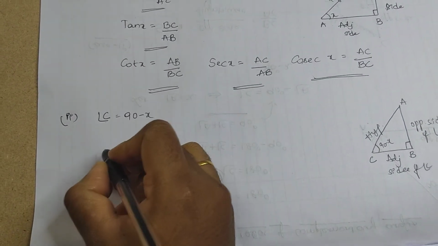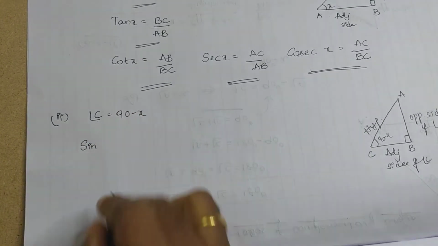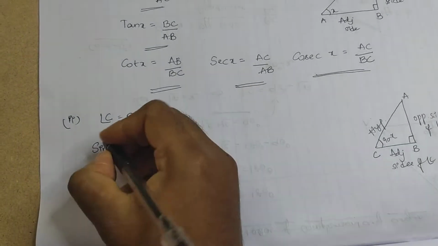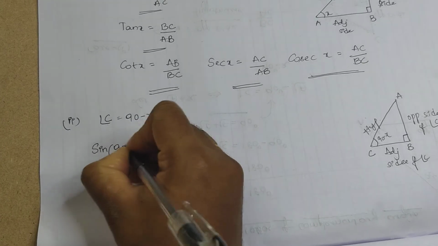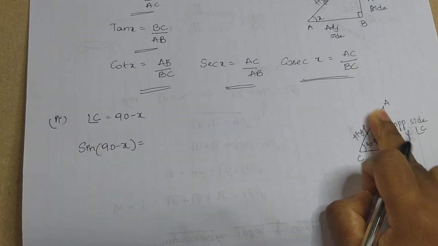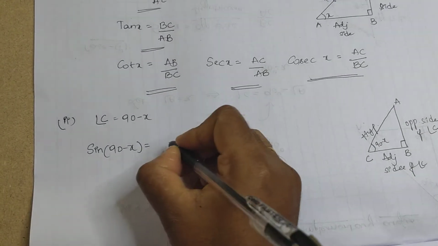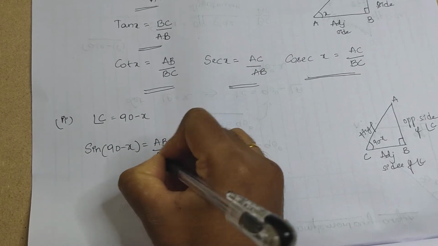Now let's write the trigonometric ratios for angle C. What is sine C here? We have taken 90 minus x, right? So sine of 90 minus x equals opposite side by hypotenuse, which is AB by AC.